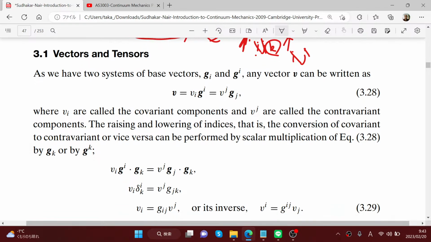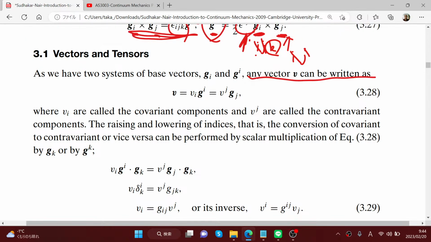3.1 Vectors and tensors. As we have two systems of base vectors, gi down and gi up, any vector v can be written as v equal vi downstairs gi upstairs, or vj upstairs gj downstairs, where vi are called the covariant components and vj upstairs are called contravariant components.